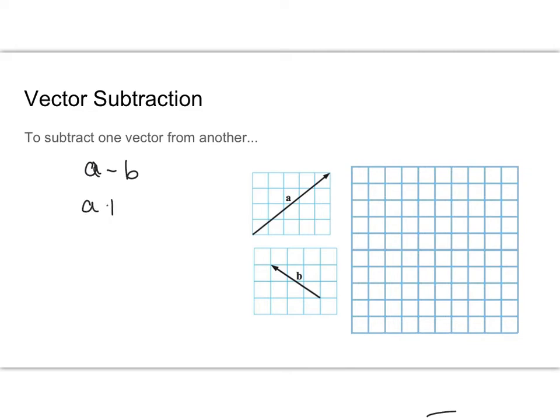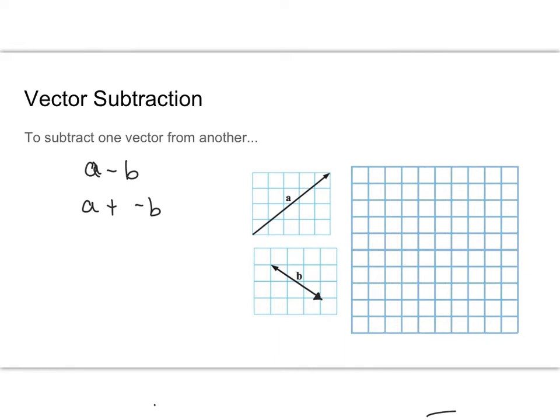We're going to add them, but we're going to make b a negative vector. How could I make b a negative vector? Well, it's easy. I'm just going to change the direction of b, and I'm going to put the arrowhead down here. And then I proceed in exactly the same way.